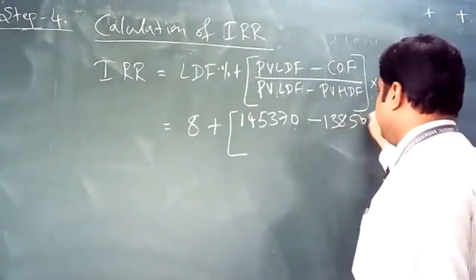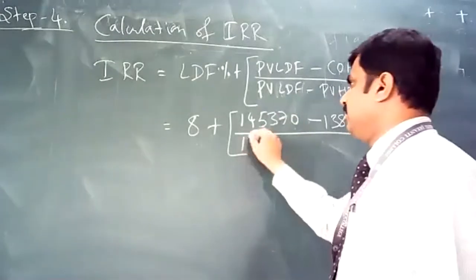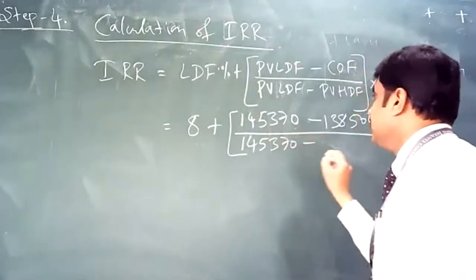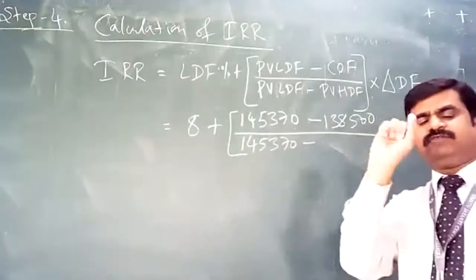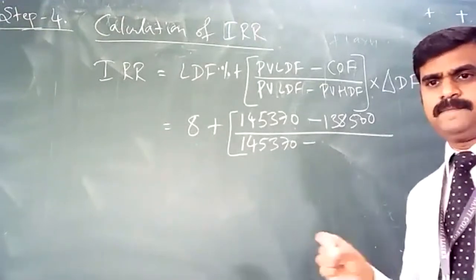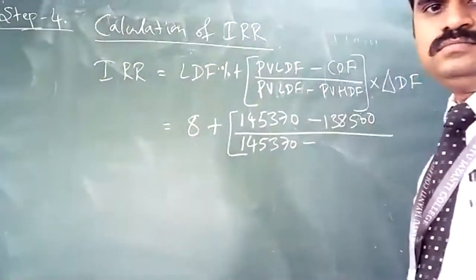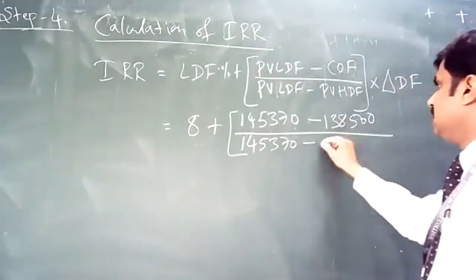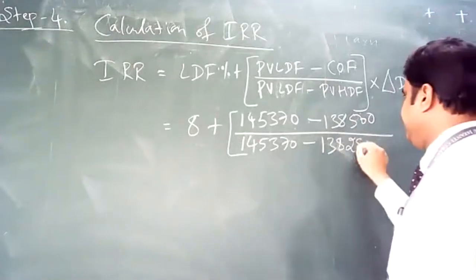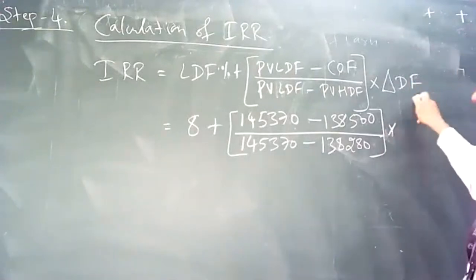Divided by PV LDF minus PV HDF. PV HDF is at the rate of 10%. How much did we get for the present value of the cash flows? Total 1,38,280. Close the bracket.